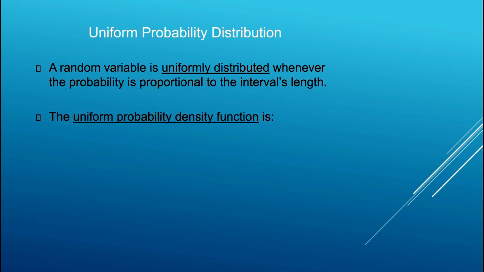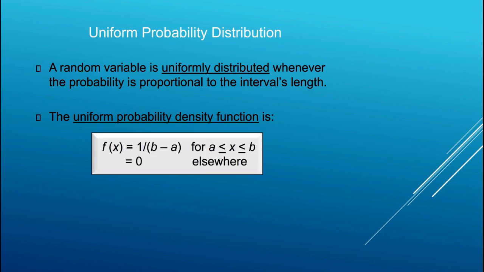The uniform probability density function is described with an equation. F of x in our previous chapter on discrete random variables stood for the probability function.